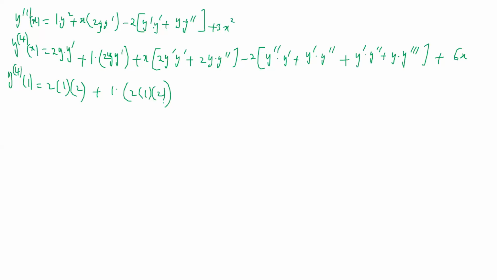Okay, so we continue. The x is x at 1. We're evaluating everything at 1. We're finding y primed at 1, y double primed at 1. So x is 1 in this case. Okay, and then we have 2. What is y primed at 1? It is 1.